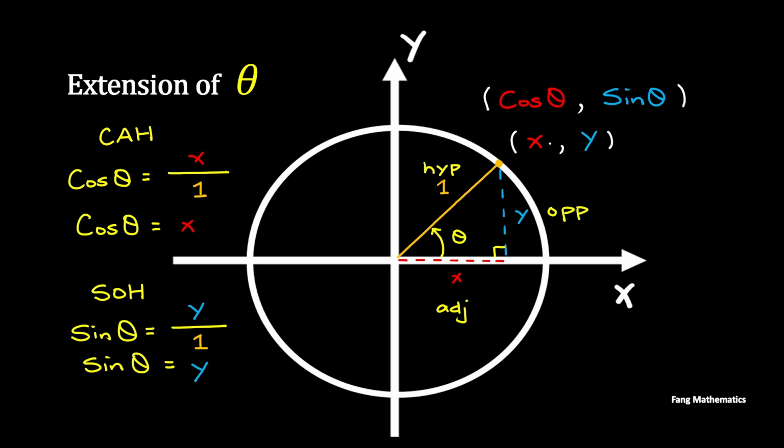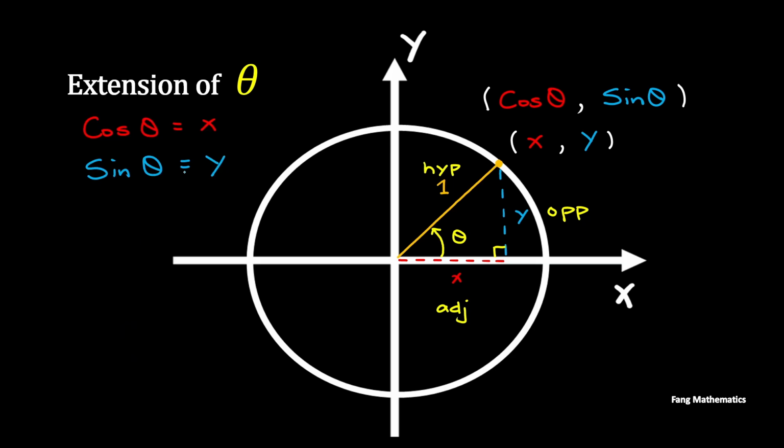So in place of x, you say cos theta, and in place of y, you say sine theta. You just need to remember the two equations we have. When we refer to cos theta, we are referring to the x value of a coordinate. And when we refer to sine theta, we are referring to the y value of a coordinate.